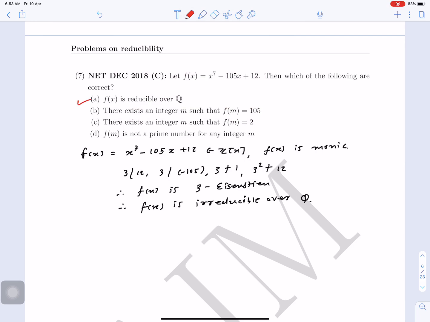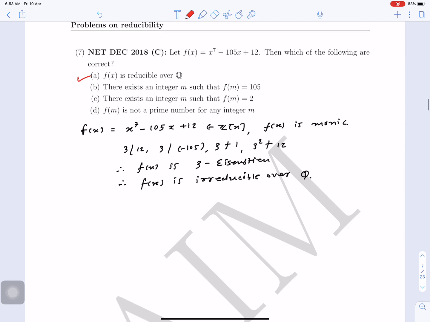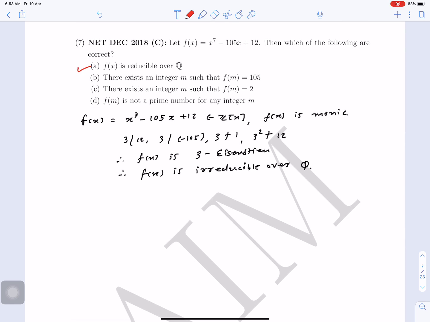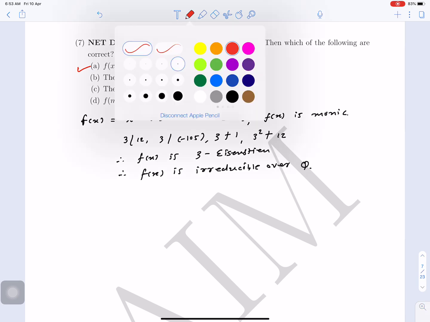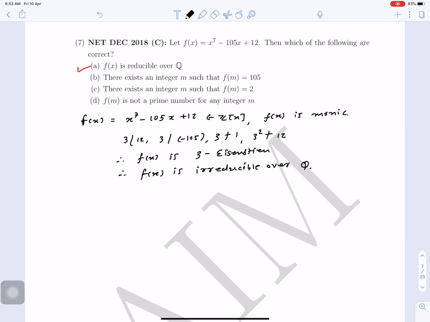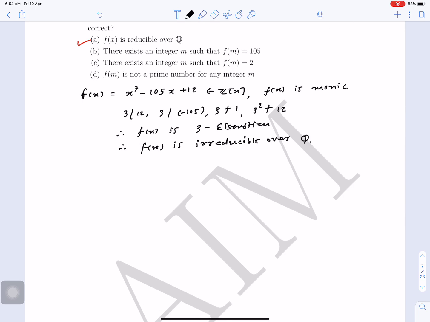Now option B says there exists an integer m such that f(m) is 105. So the value of the polynomial at some integer is 105, they claim in option B. So here we proved that option A is correct.